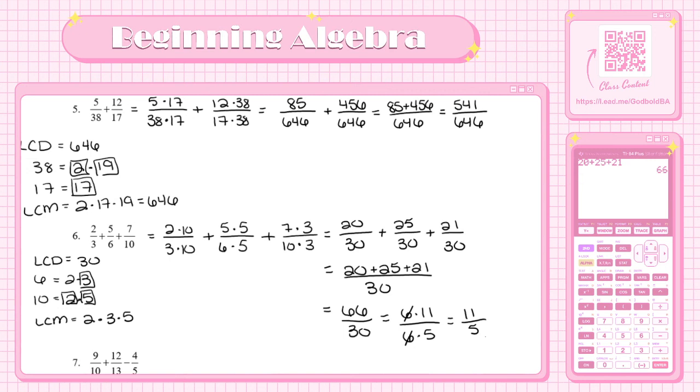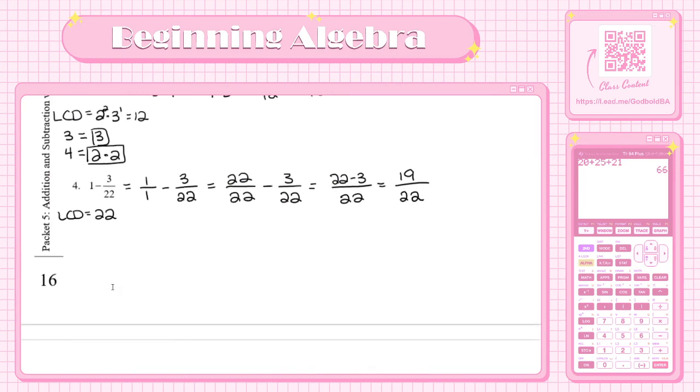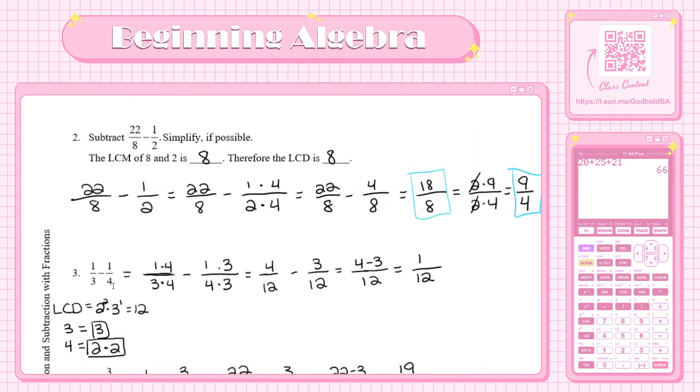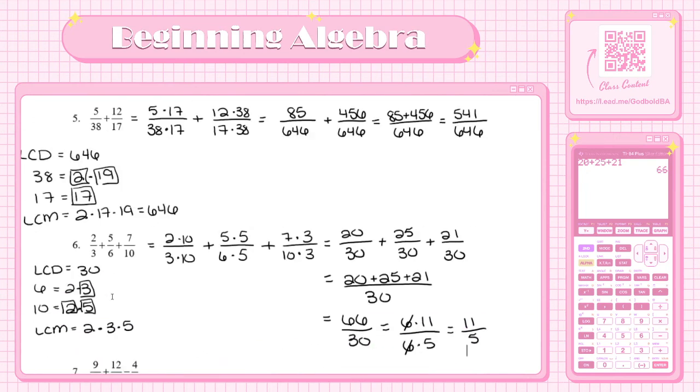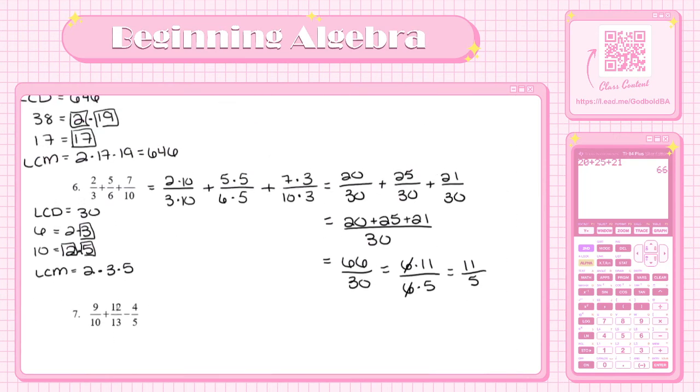So if you're looking at something like this one, and you're like, you know what, I don't feel like trying to figure out what the least common denominator is. I'm just going to multiply all of them together, and that's the number I'm going to use. You could totally do that.